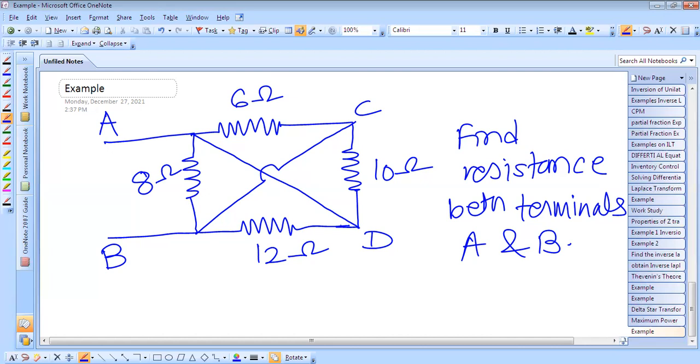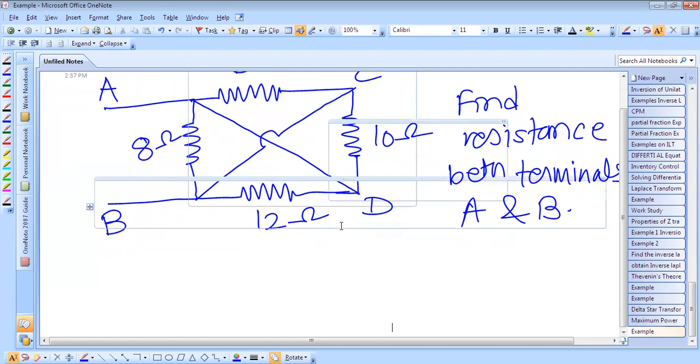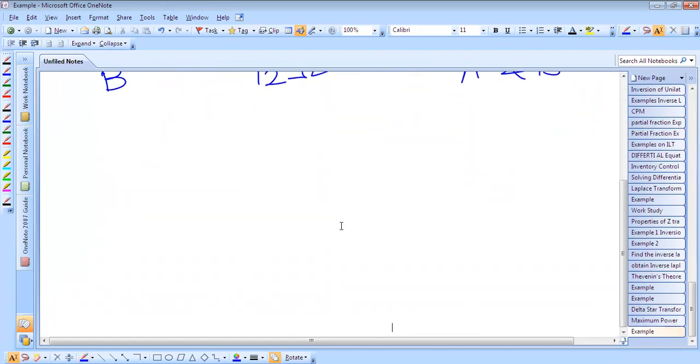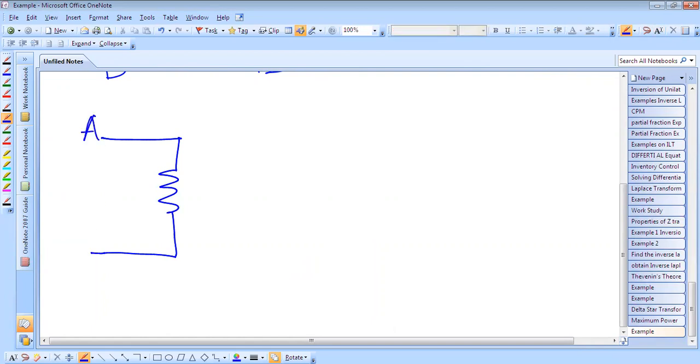As it is, we cannot find this problem, or it will become a little bit difficult. So I will try this. This is the A and B terminal, and the resistance between them is given.